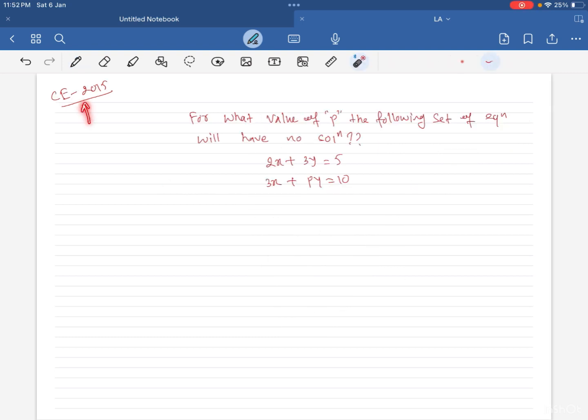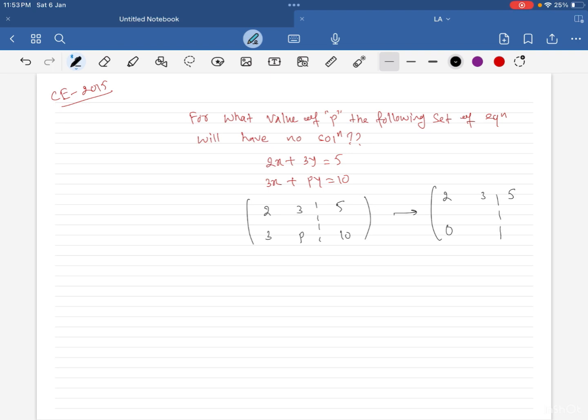Okay, next question is from CE 2015. For what value of p will the following set of equations have no solution? So these are the set of equations. We can write this as a matrix equation, that is [2 3; 3 p] augmented with [5; 10], and we can apply elimination. So we have 2 3 5.